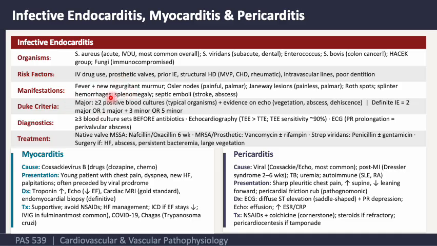Manifestations: fever and a new regurgitant murmur. They may also have Osler nodes that are painful on the palms and fingers. You can see the Janeway lesions as well. They could also have the splinter hemorrhages, what look like little splinters on their nails.